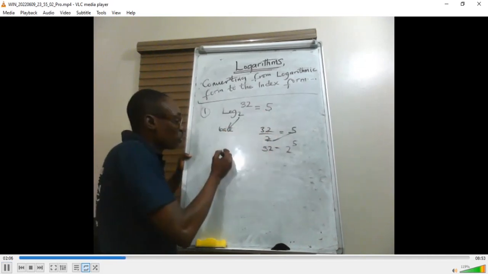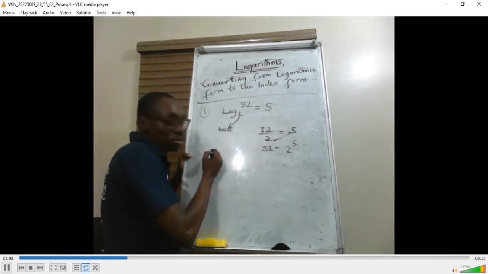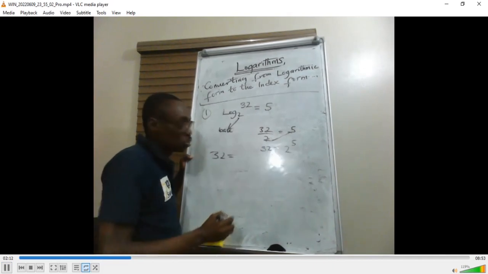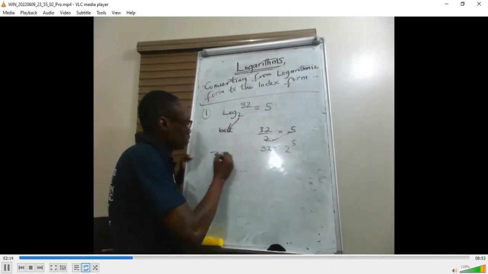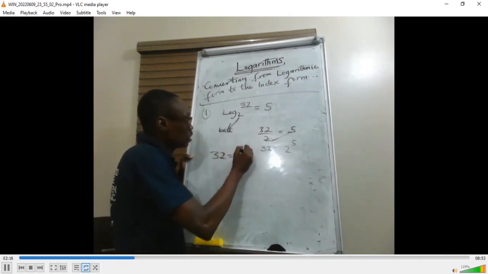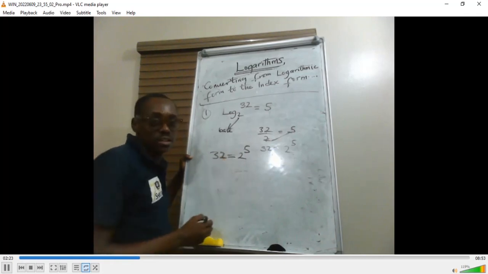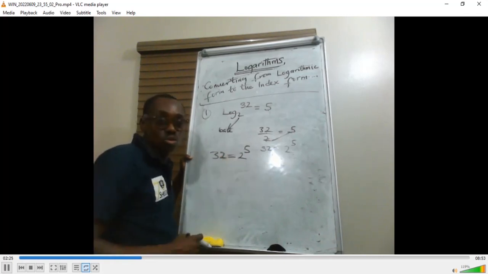In the index form, you have 32 is equal to 2 raised to power 5.